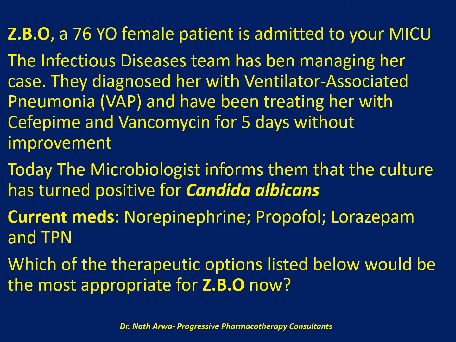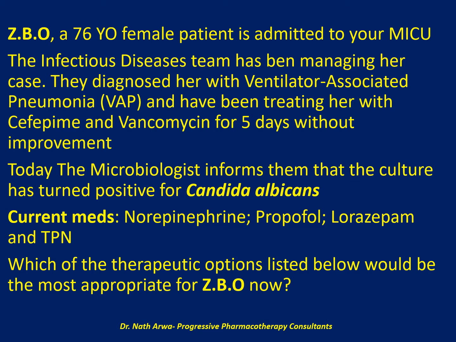And the next question reads, Mrs. ZBO, a 76-year-old female patient, is admitted to your medical ICU. The infectious diseases team has been managing her case. They diagnosed her with VAP and have been treating her with cefepime and vancomycin for 5 days without improvement.